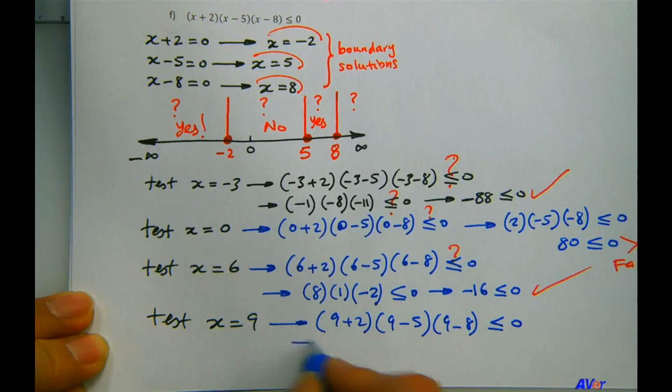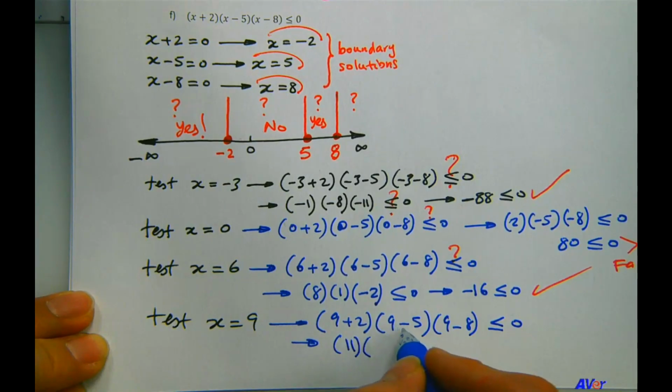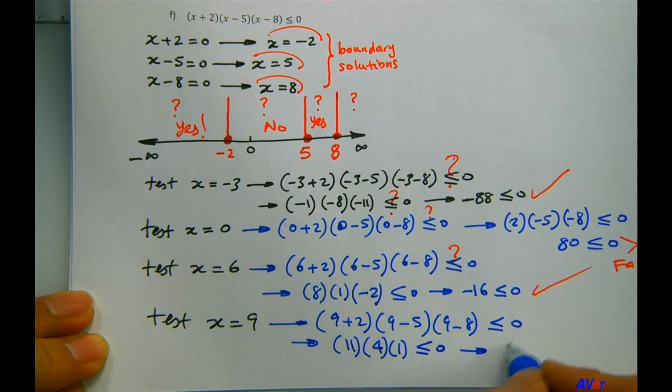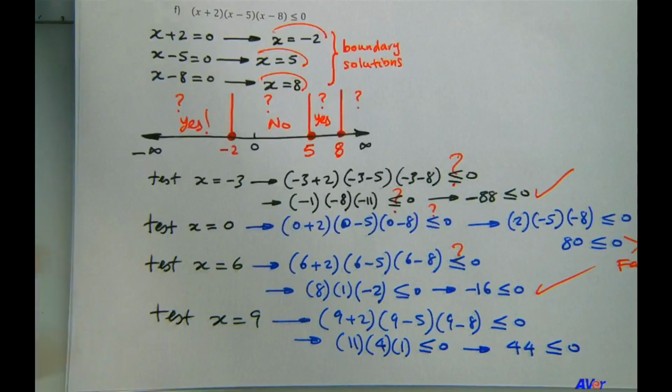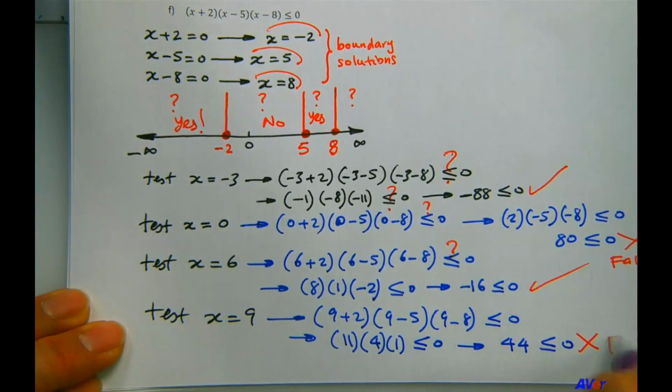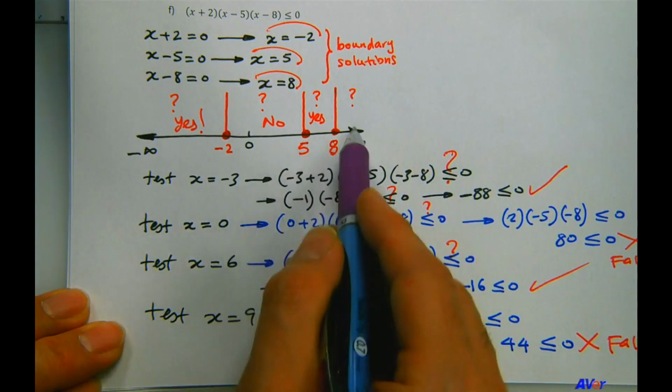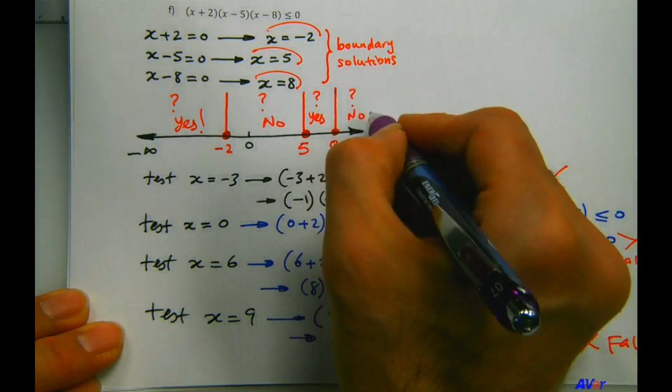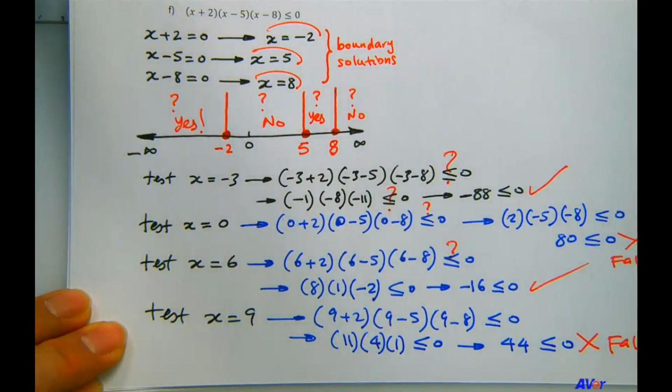What do we end up with? We end up with 9 plus 2 is 11. 9 minus 5 is 4. 9 minus 8, positive 1, less than or equal to 0. So we end up with 44 less than or equal to 0. Is that a true statement? Absolutely not. Right? False. So because x equals 9 did not work, this region also is not a solution.